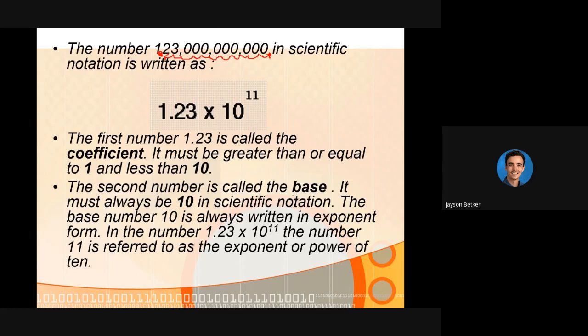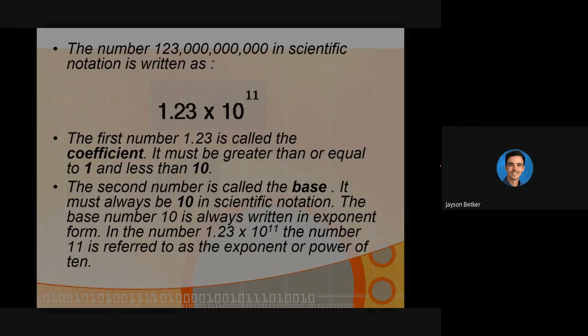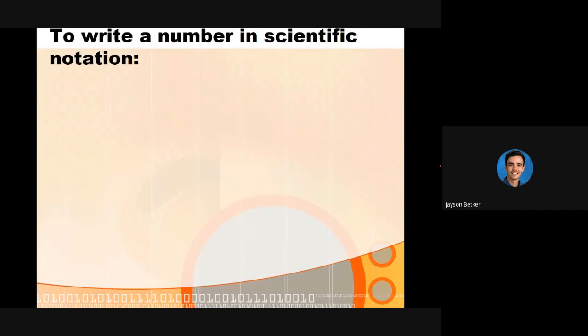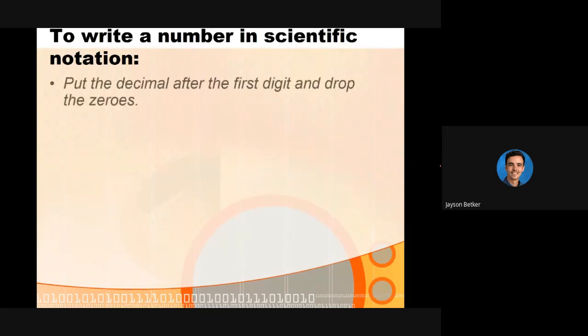So basically what I'm saying here is that this right here in this format is the exact same thing as up here, okay? We're just taking that decimal place and we're moving it 11 places. That's basically all it's saying. So to write a number in scientific notation, we put the decimal place after the first digit and drop the zeros.